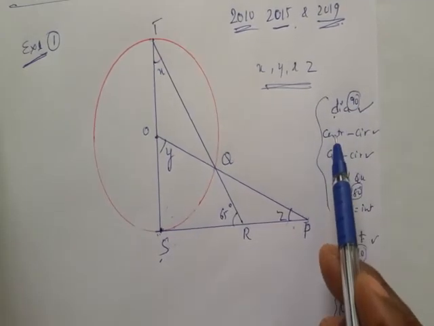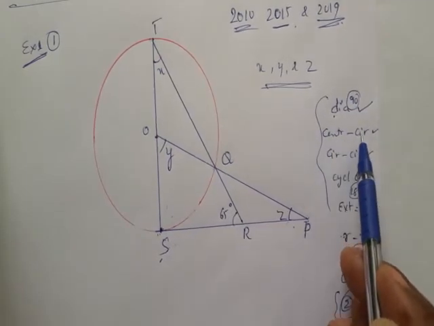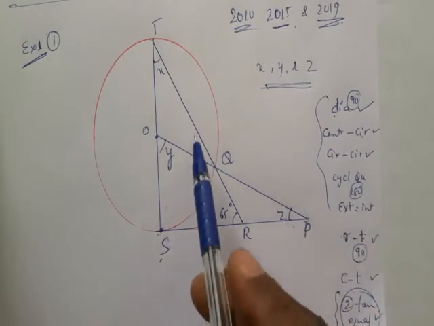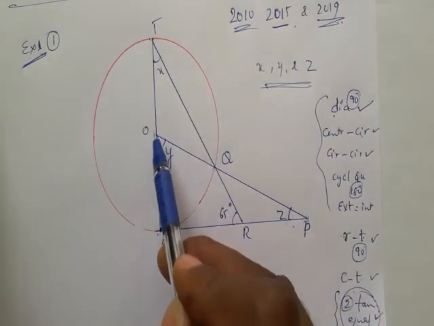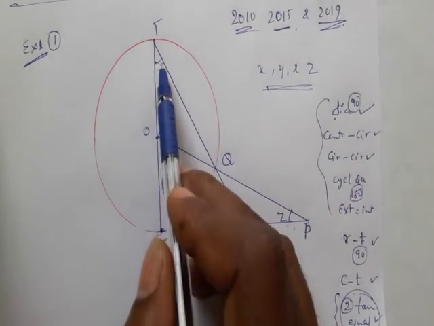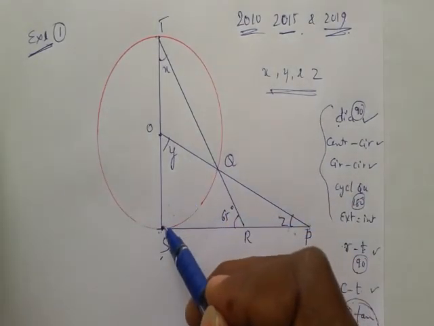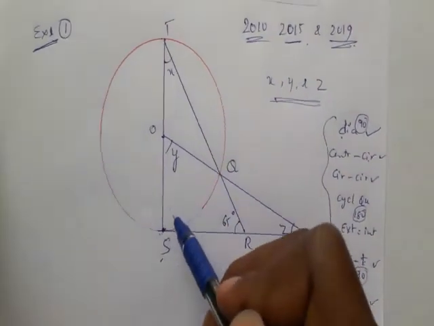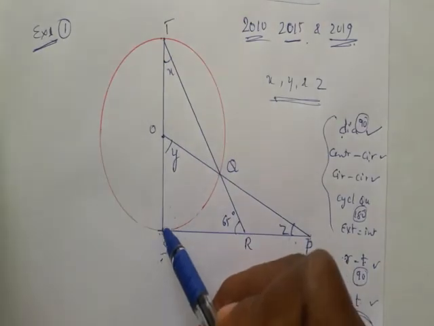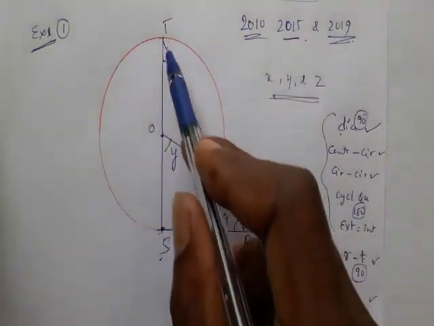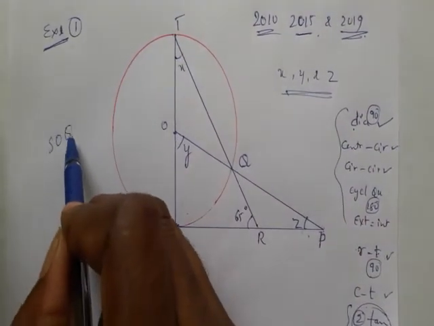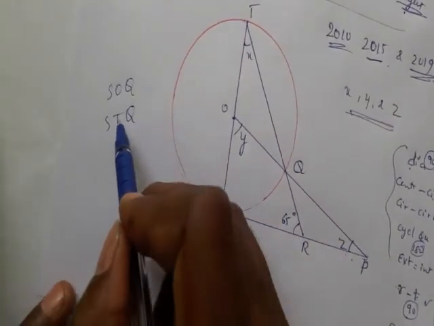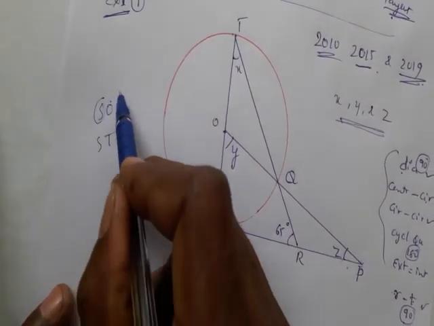Let's leave it. Center and circumference angles are double of each other. So which are center and circumference? This O is center, this T is circumference. Look at this angle, SOQ, STQ. The change is only O and T; S and Q are common.